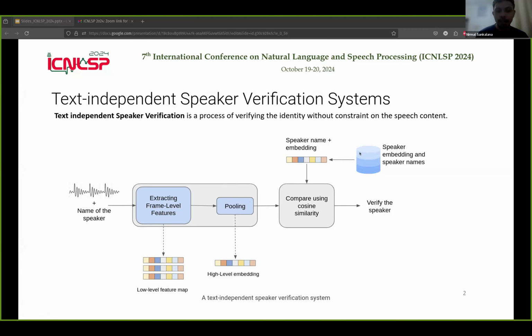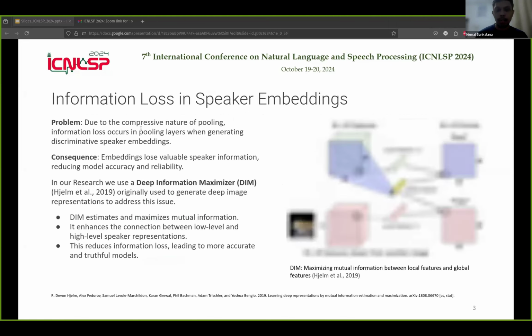Then the system retrieves the stored speaker embedding from its database and compares the two embeddings using similarity measure techniques such as cosine similarity. If the similarity exceeds a certain threshold, the speaker is verified.